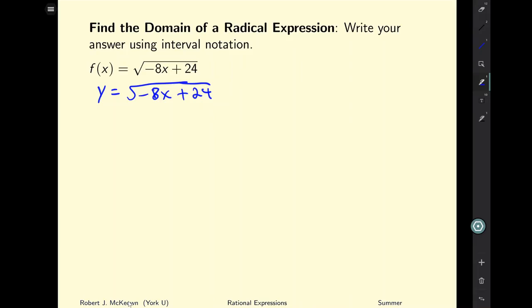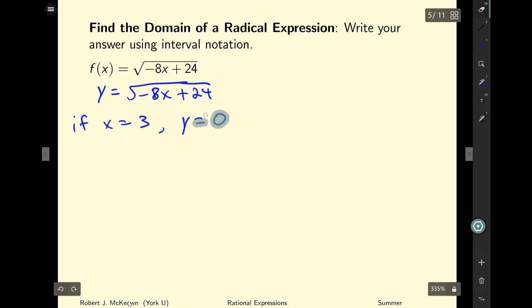The first thing we can notice here is that if x is equal to 3, y is equal to the square root of 0, and the square root of 0 is just equal to 0.